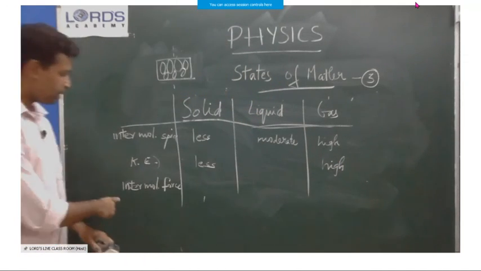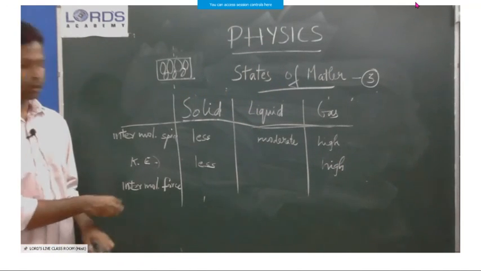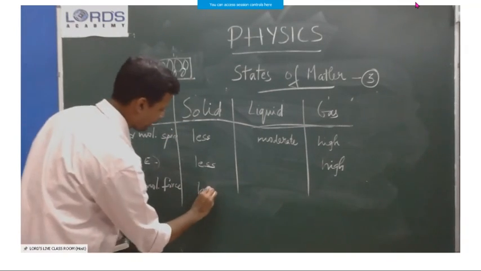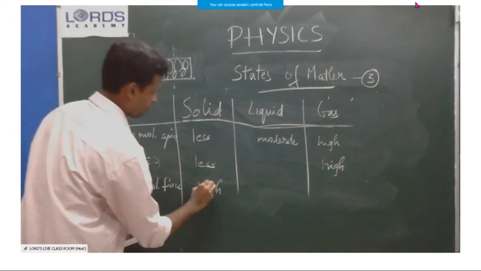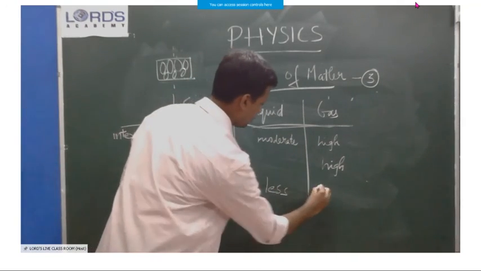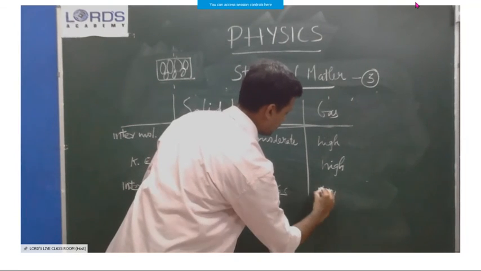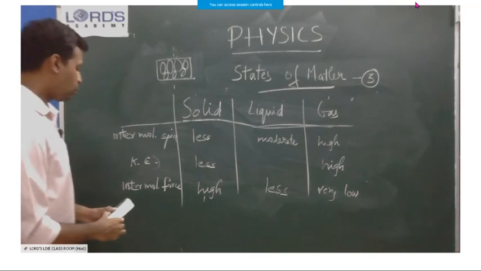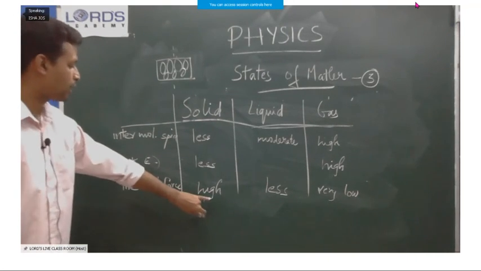Okay? About intermolecular force. Intermolecular force in solids is high. Here it is less. Here it is very less. Very low. Okay? Why is intermolecular force high here?